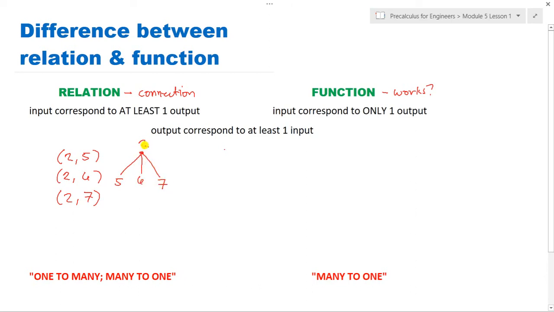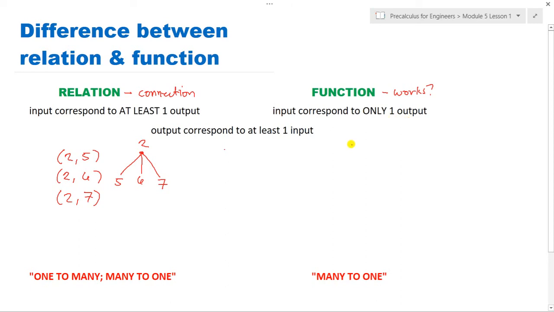Of course, 2 to 5 has a relationship, 2 to 6 has a relationship, and 2 to 7 has a relationship. Therefore, even if it is a single input with several outputs, this is still considered a relation. However, for our function, it states here that an input corresponds to only one output.